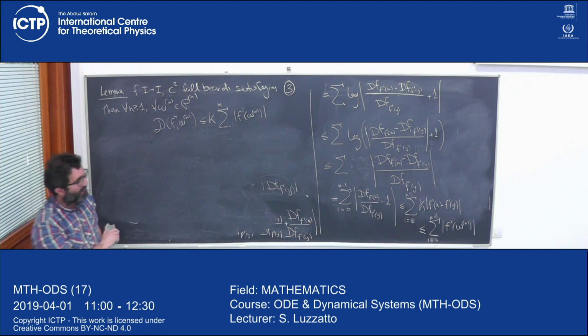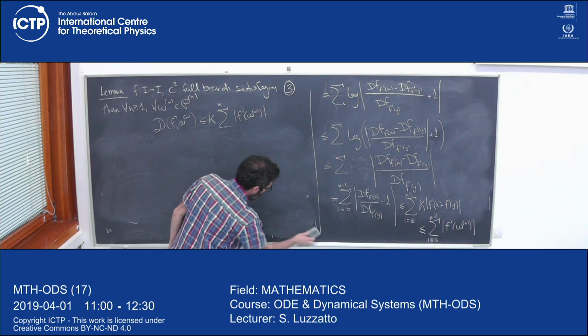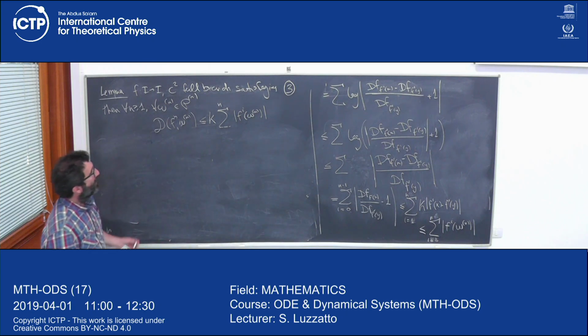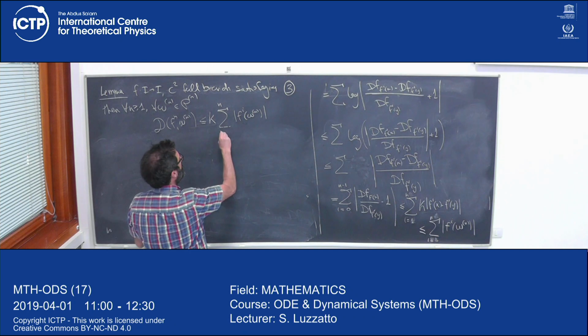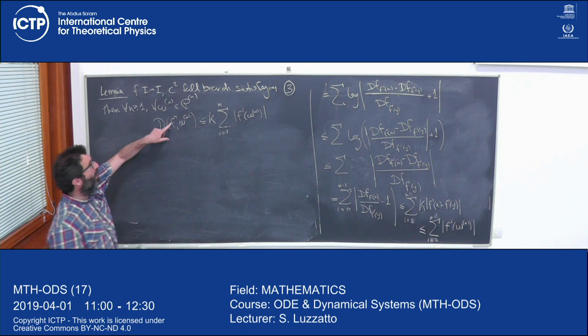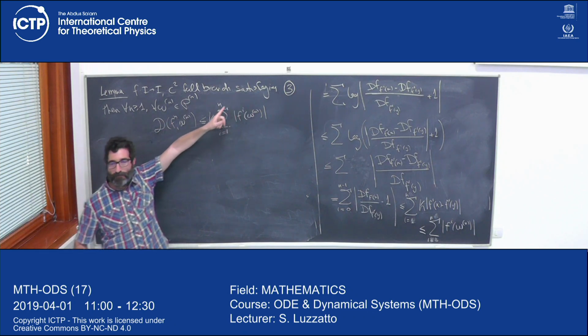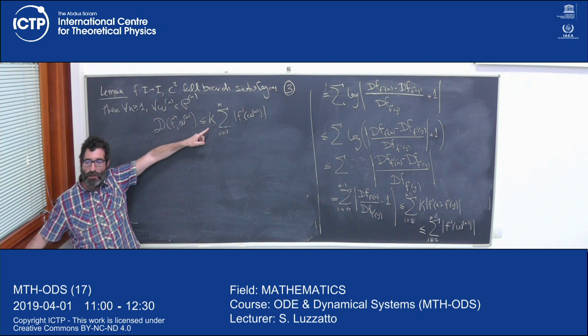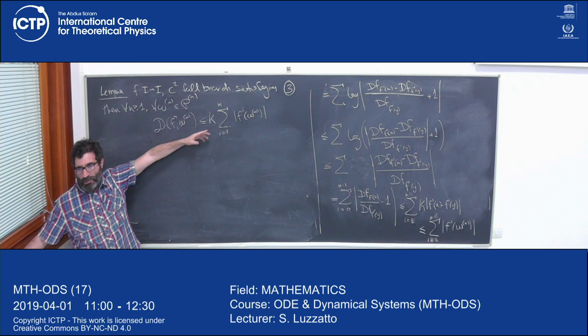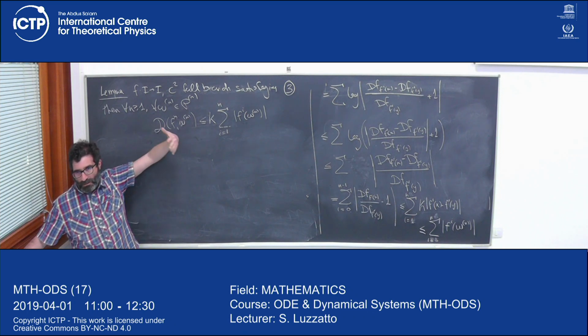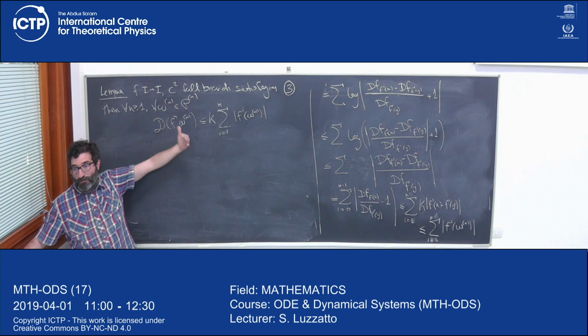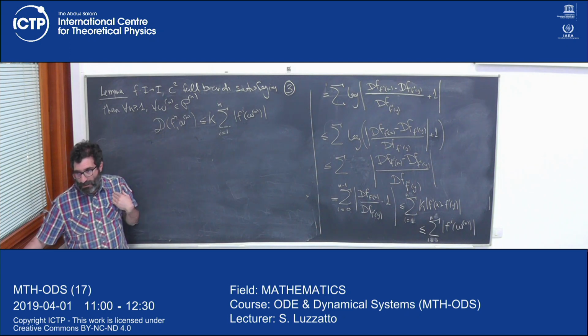Now this initially seems contradictory, because what happens if you take very large n? Then we have a very long sum, a very large sum. So how can this be uniformly bounded in n? If you take very large n, you are adding more iterates.